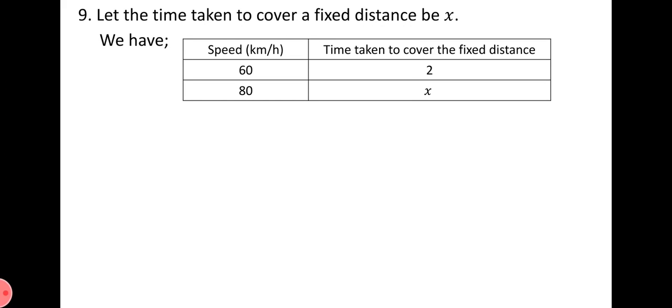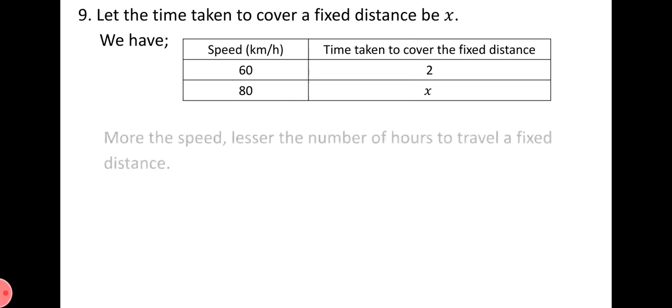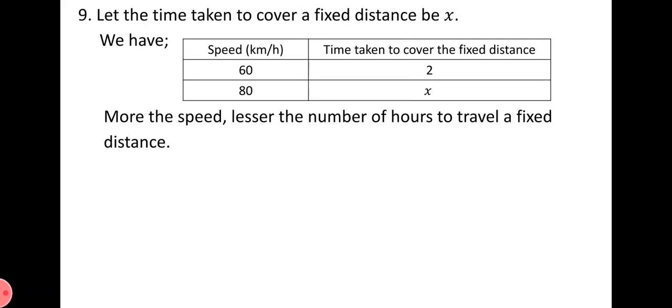So if the speed is increased to 80 km, time taken, which we have supposed as x, so we write it x. More the speed, lesser the number of hours to travel a fixed distance. So if we increase the speed, it will take less time to reach the destination. Therefore it is a case of inverse proportion.